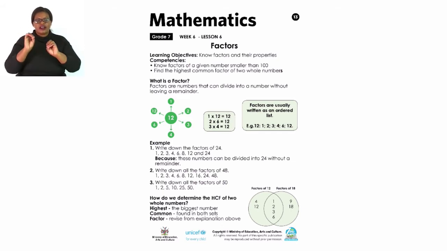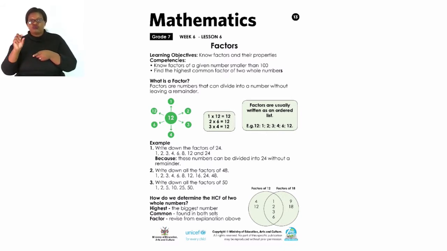If you have to find the factors of 48, which are the numbers that can divide into 48 without leaving a remainder? The list is there in front of you. Number 2: 1, 2, 3, 4, 6, 8, 12, 16, 24, and 48. They are all factors of 48. Why?